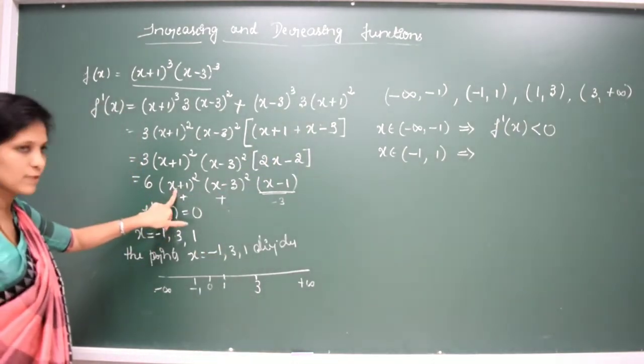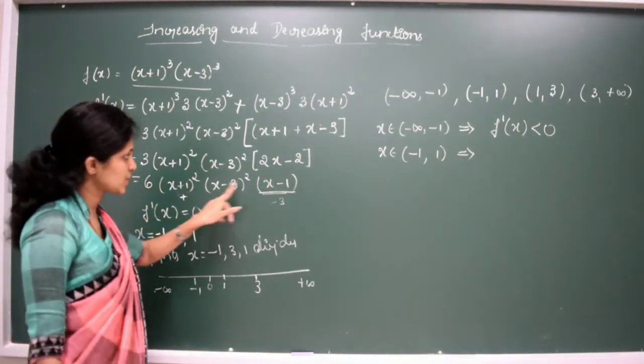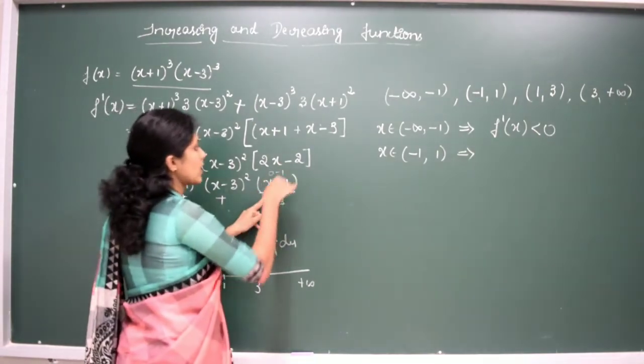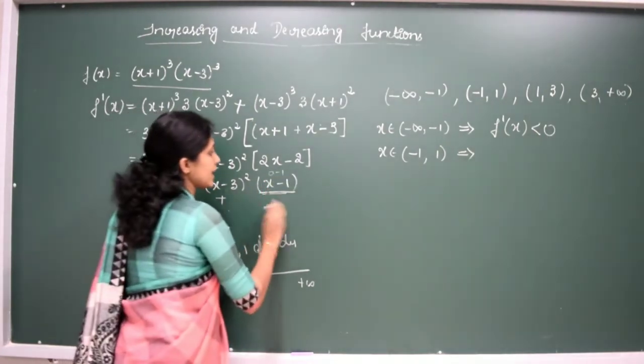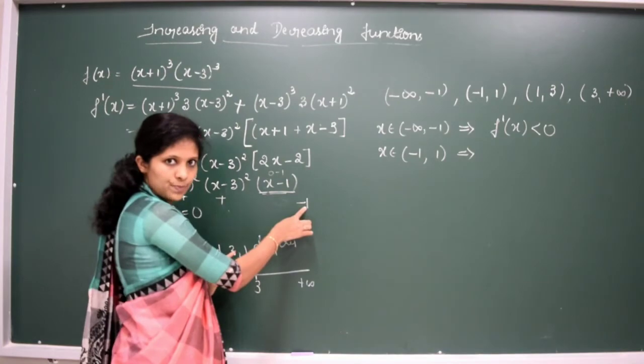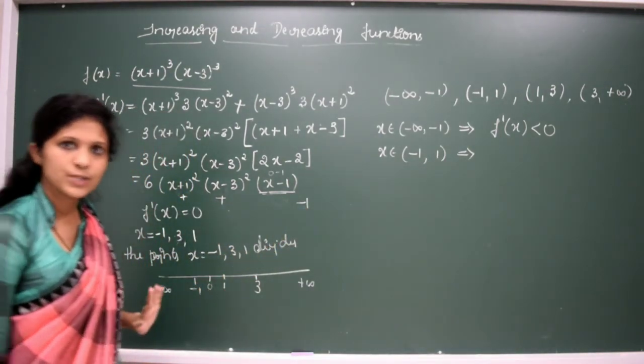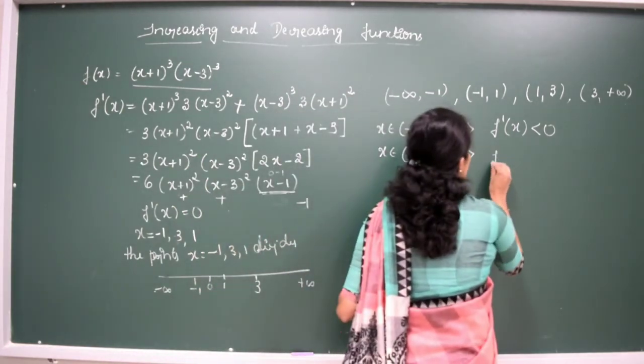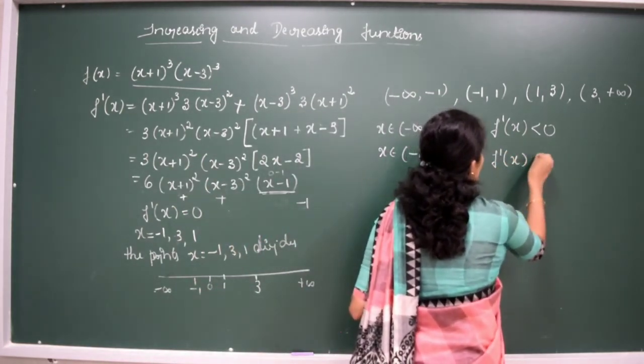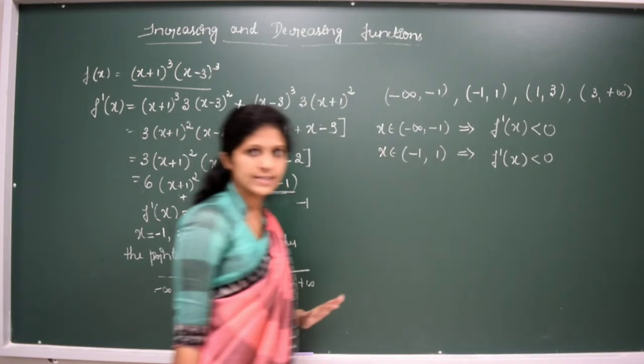The squares are positive, and x − 1 is 0 − 1 = −1, which is negative. Negative multiplied with positive, again f'(x) is less than 0. You can check with any value, f'(x) will be less than 0.